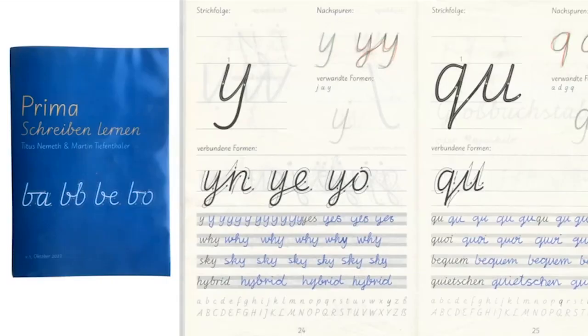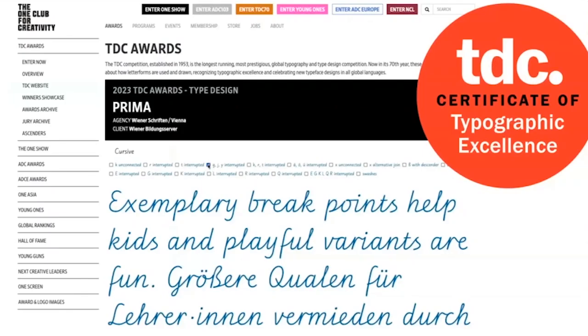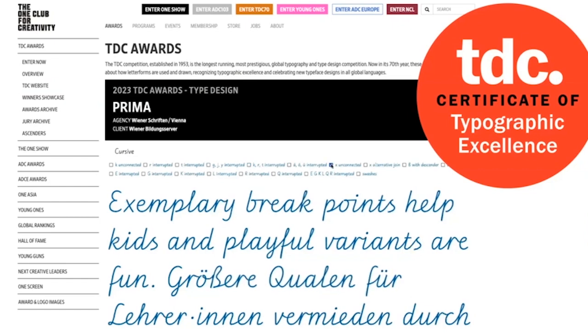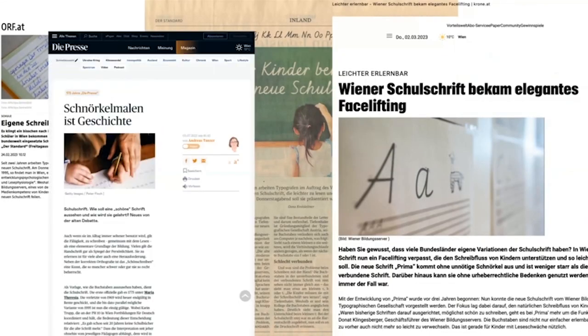So Prima is already being taught in many schools throughout Austria with very good feedback that we get. And it was even awarded the prestigious Certificate of Typographic Excellence by the Type Directors Club, New York. So in Austria, its publication has attracted considerable interest, and even some German publishers and educators have already started using it.